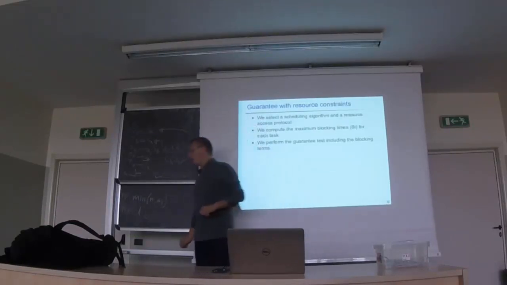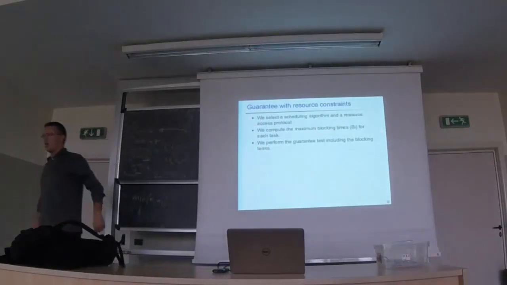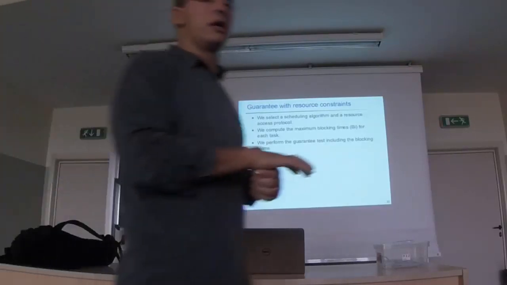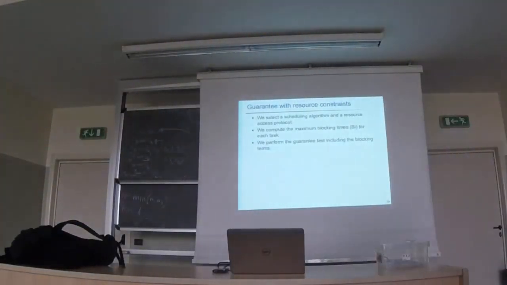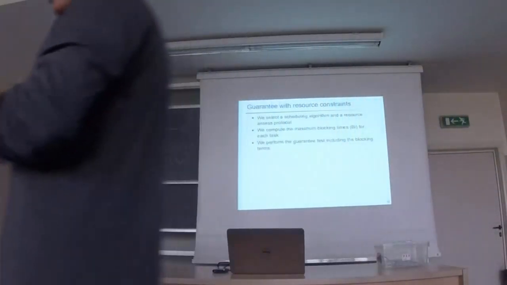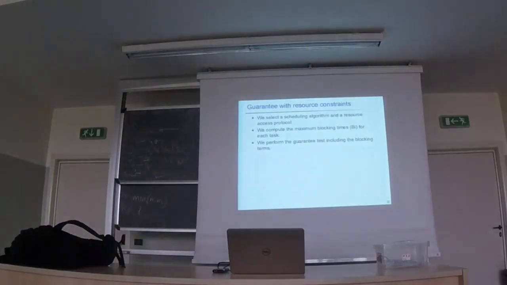So now that we computed, for these different algorithms, the worst case conditions for blocking, we are now interested in plugging the blocking terms into our schedulability tests. We select the scheduling algorithm, EDF, rate monotonic, you name it, and we also select a shared resource protocol, either none, unbounded blocking, or priority inheritance, or priority ceiling.